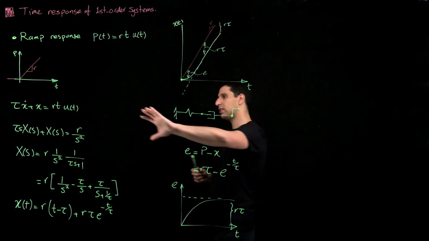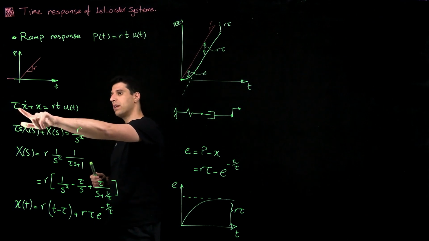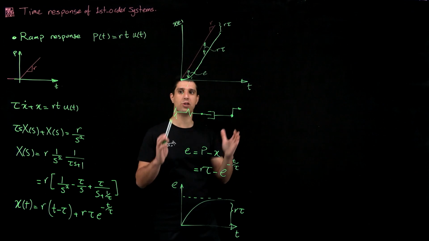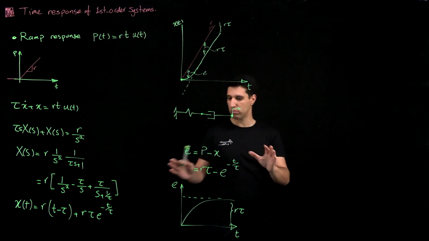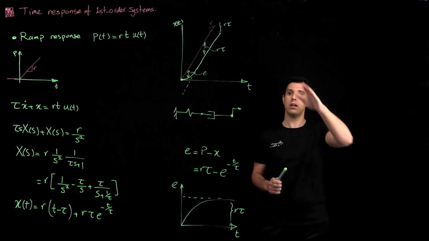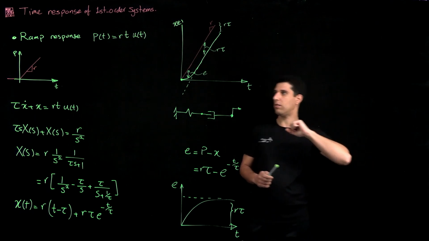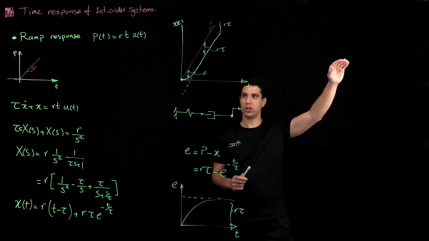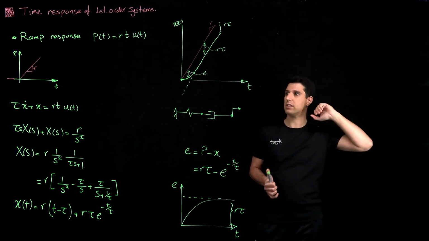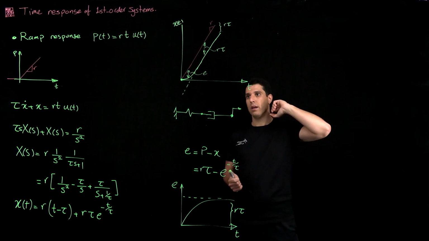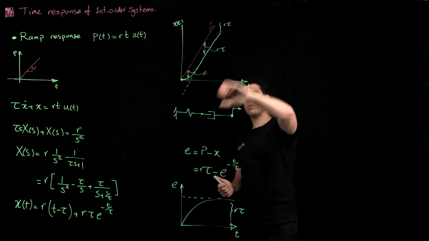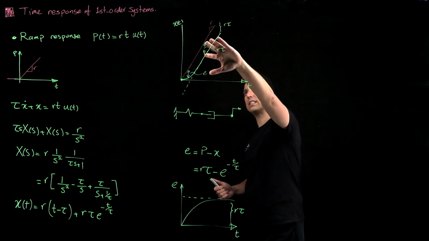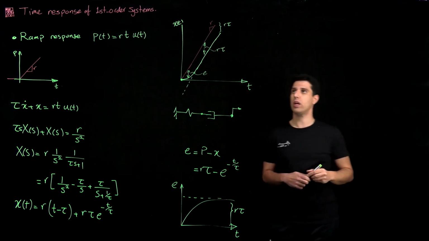So whenever you see an equation of the form tau x dot plus x, you should know it's an exponential convergence to something, either coming to 0 in terms of a natural response or exponentially approaching an input value if it is a step response, or if it's a ramp, exponentially converging to a steady state error, and follow the input with that.